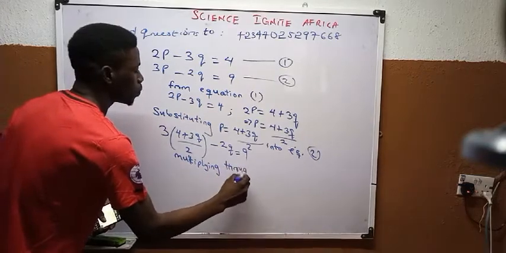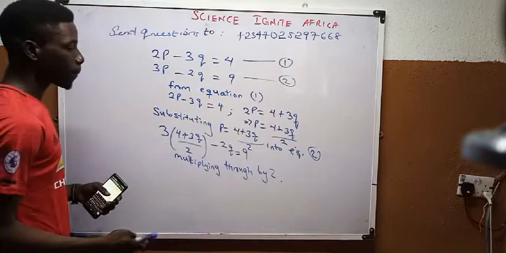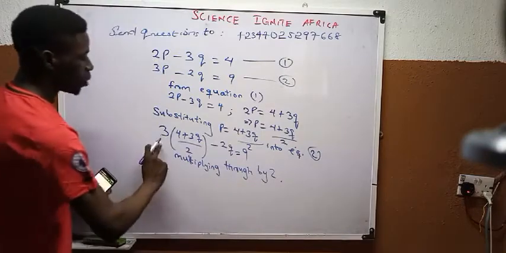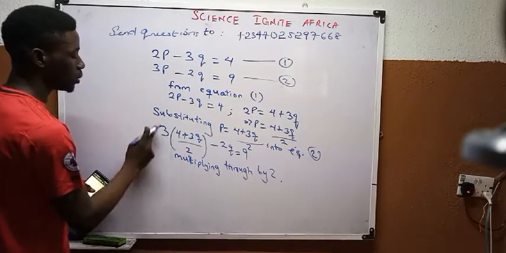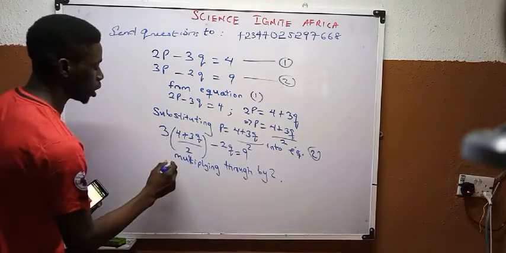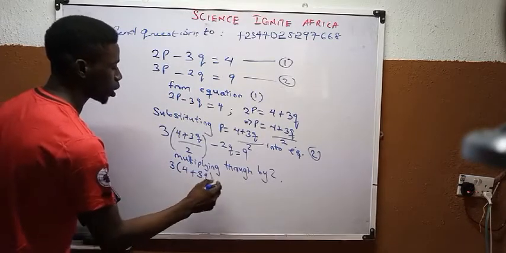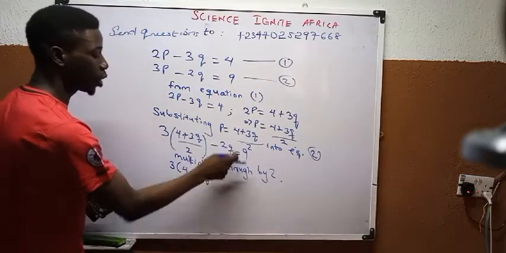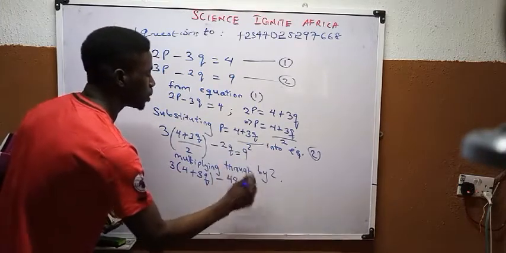If I multiply through by 2 here, what do I have? I will have 2 multiplied by this, so that 2 will be given off here. So I'll have 3 into bracket 4 plus 3q, then minus 2 times 2q, that will be 4q, then 2 times 9, that's 18.